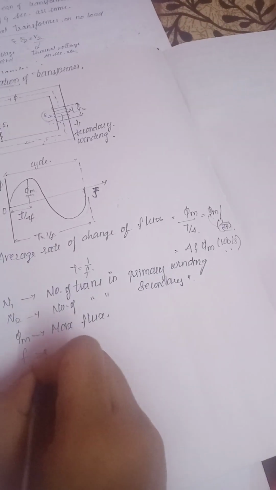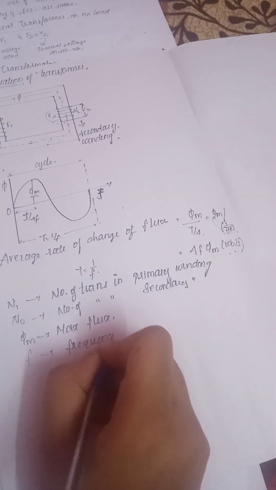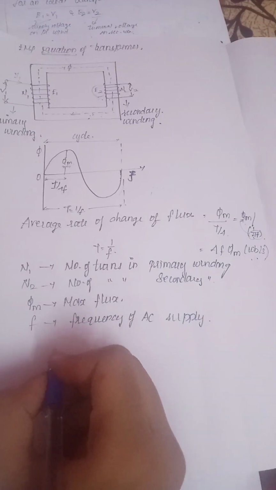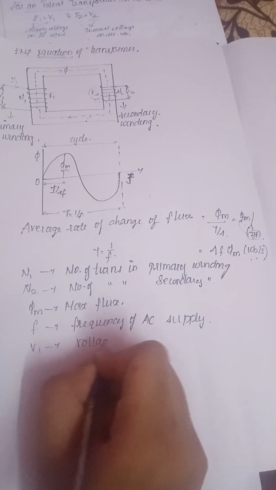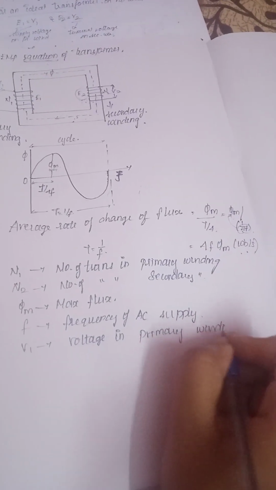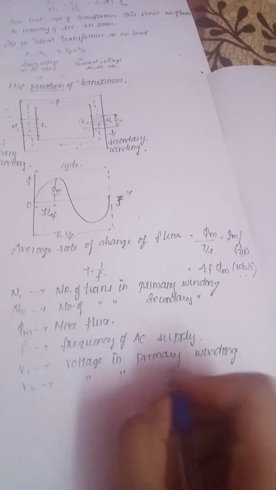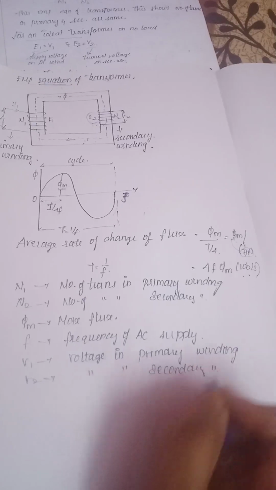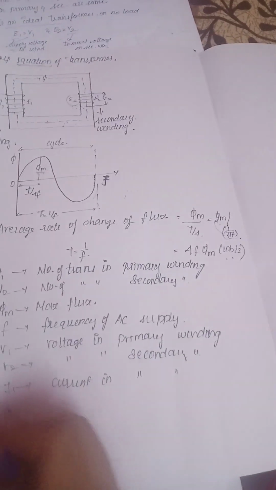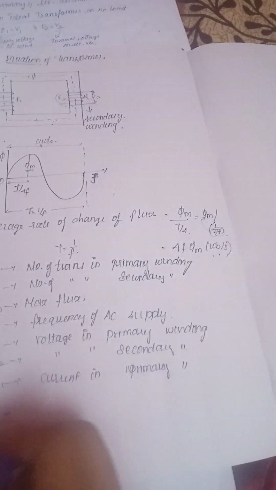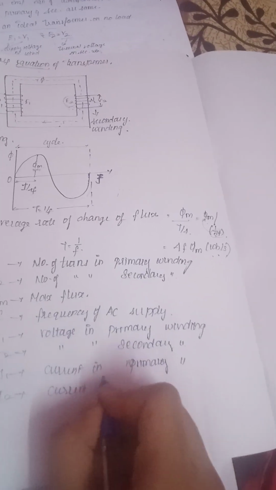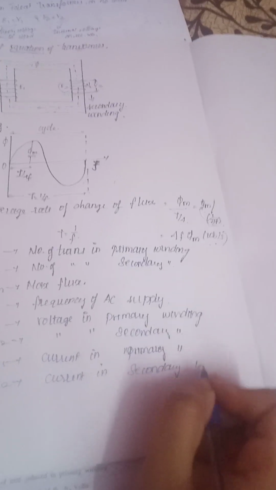And f is the frequency of the AC supply, and V1 is the voltage which is applied to the primary winding, and V2 is the voltage in the secondary winding, and I1 is the current which is passed to the primary winding, and I2 is the resultant current from the secondary winding. So these are the notations.